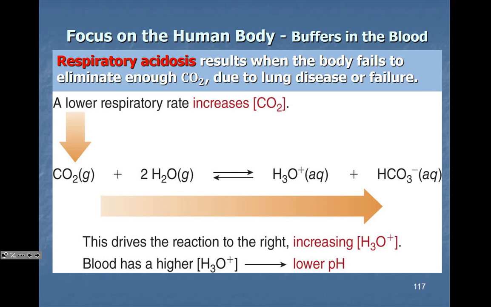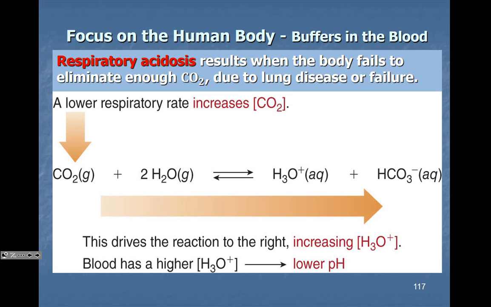So first, we could get respiratory acidosis. A lot of times after you come out of surgery, they'll say, breathe deeply. You need to take a deep breath. Because most people, when they come out of surgery, take really short breaths, and if you're taking really short breaths, you're not expelling what you need to expel. Respiratory acidosis also happens when people have pneumonia.